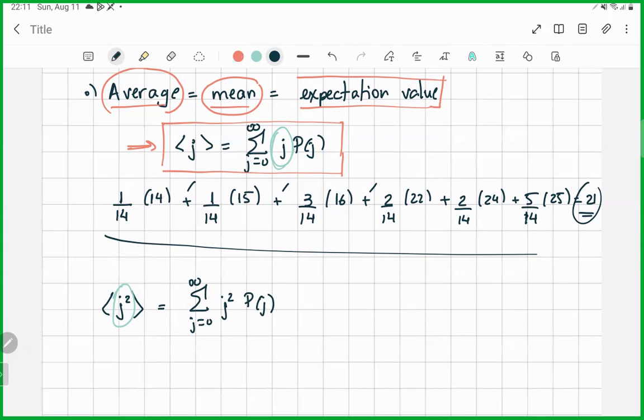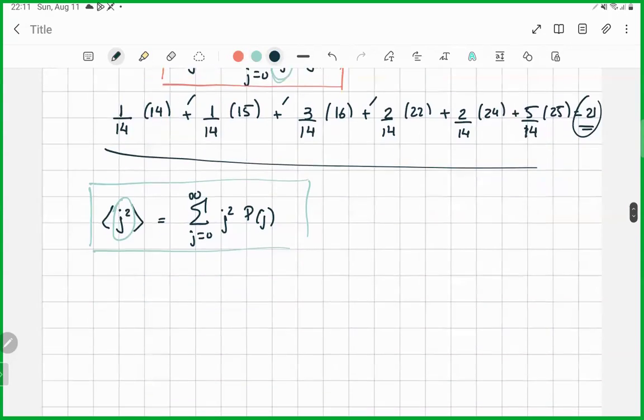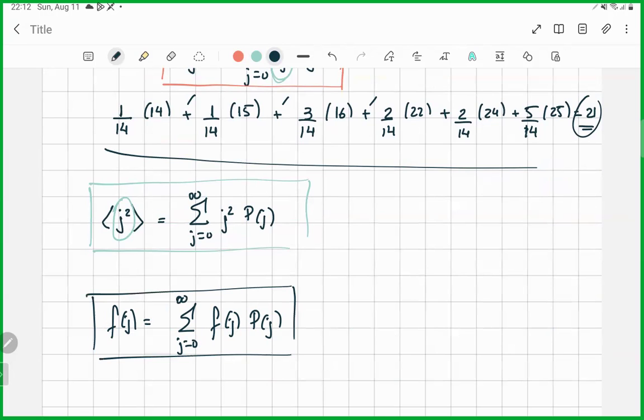Okay, so this is now our new equation. And in general, any function of j, how are we going to compute? Well, we put here the function of j and the probability that we have for each one of these ages, or for each one of these quantities.